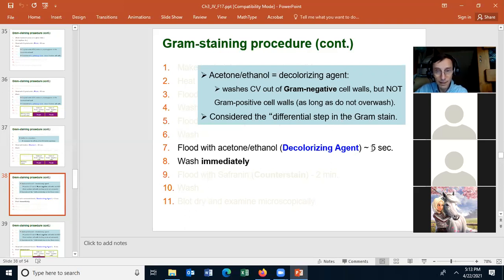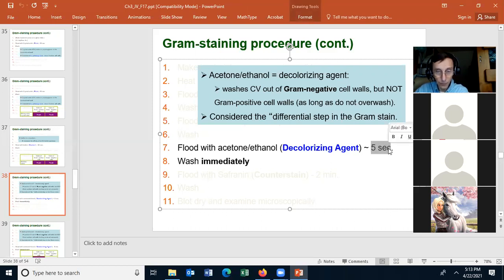And let me state that this rule of thumb is only a rule of thumb. What you should do is hold up your slide and then apply the decolorizing agent and then watch the blue, the stain, or purple, run down.